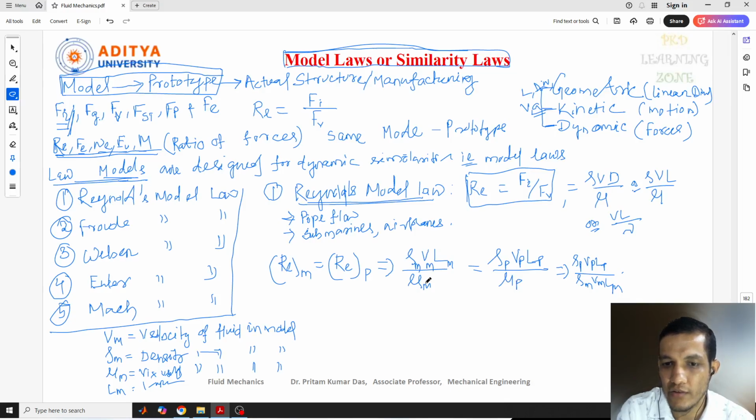If I take it to this side, mu p will go to the numerator side. So I take mu p to the denominator side, that means mu p by mu m.